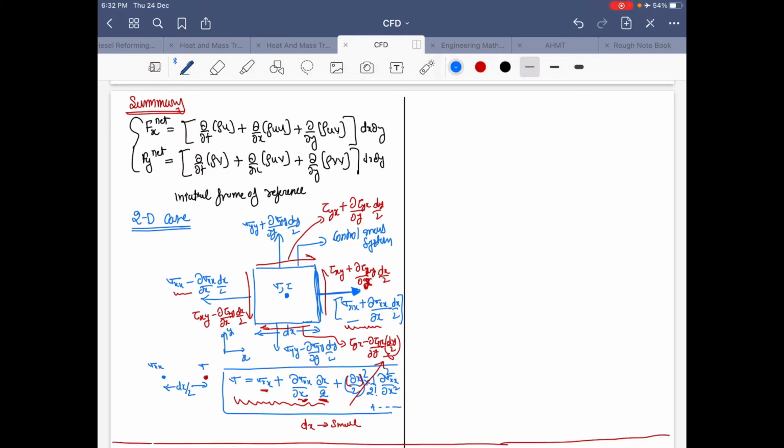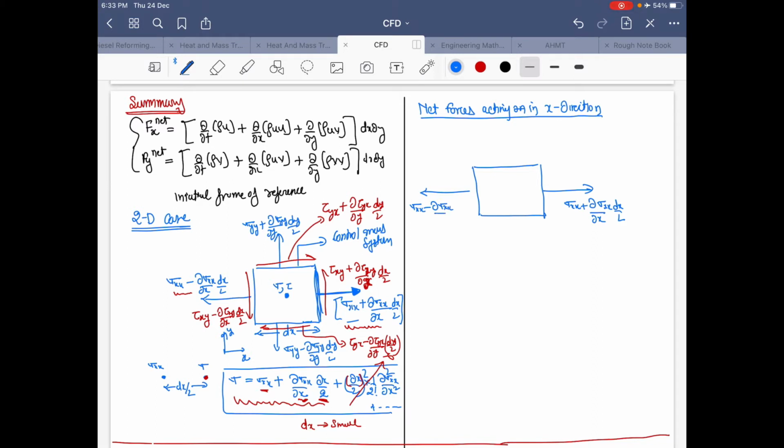Now I will derive the net forces acting in the x direction. Again I will draw my control mass system, and the forces acting are sigma xx plus del sigma xx by del x into dx by 2, and second, sigma xx minus del sigma xx by del x into dx by 2.